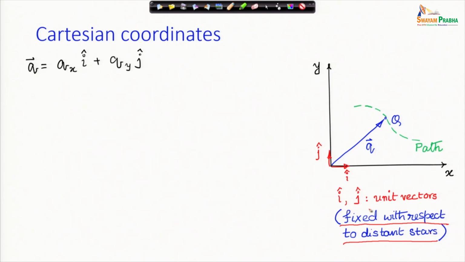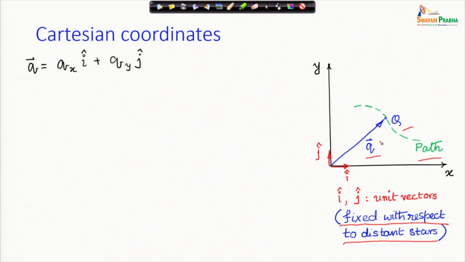This i cap and j cap are unit vectors. This actually defines the frame, and we represent every vector here in terms of this i cap and j cap. So, they are unit basis vectors along x and y directions. Now, imagine a particle Q moving on a path as shown here in green, and the position vector is small q.